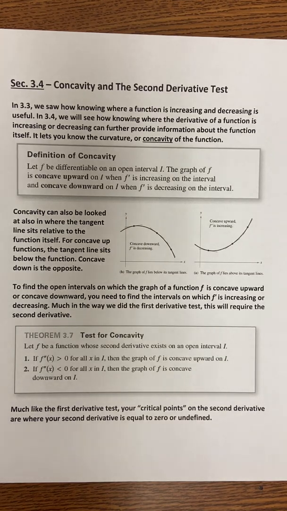When the second derivative is negative, it's concave downward. And to test for this, much like we did with the first derivative test, you take the second derivative, find out where it's 0 or undefined, and separate your function into intervals. Positive means concave up, negative means concave down, and we'll have a special way we talk about the critical values of the second derivative after we do this one time.